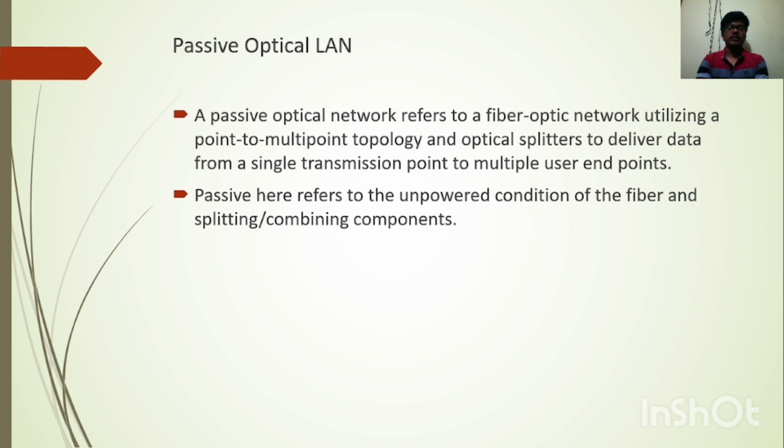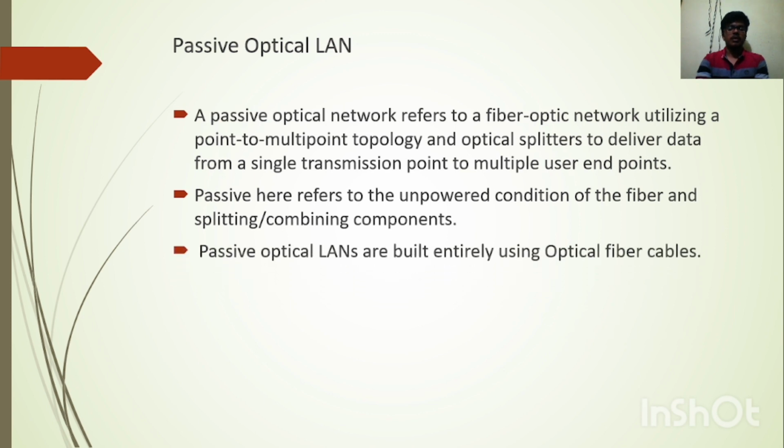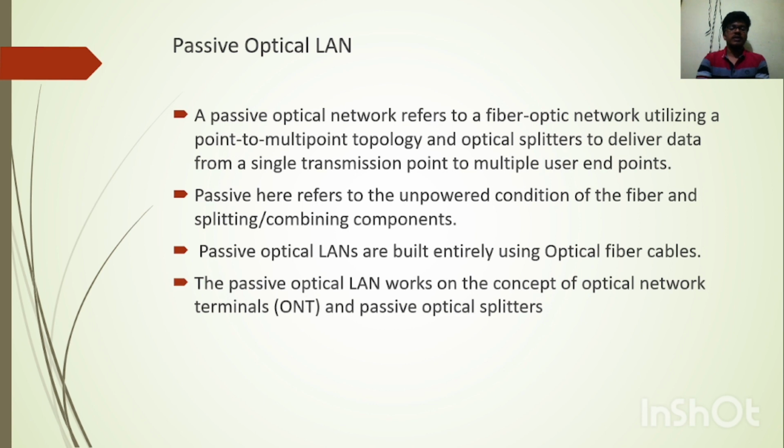Passive here refers to the unpowered condition of the fiber and splitting and combining of components. Passive optical LANs are built entirely using optical fiber cables. The passive optical LAN works on the concept of optical network terminals (ONT) and passive optical splitters.